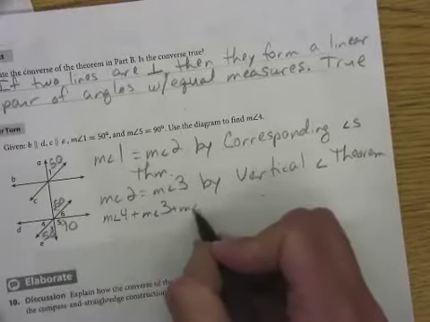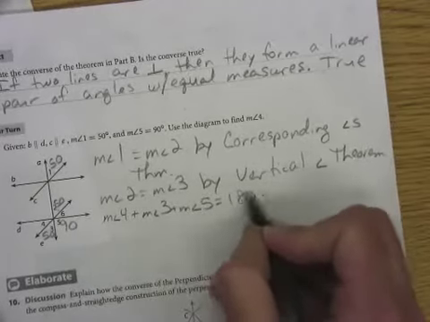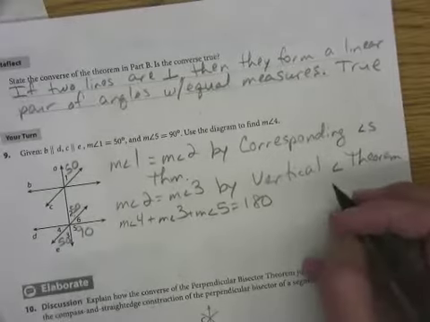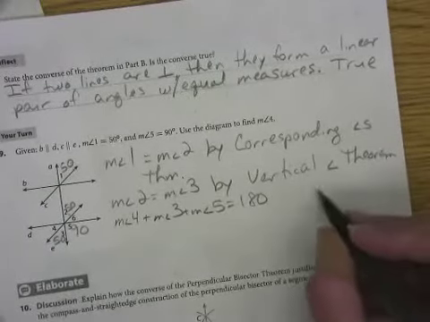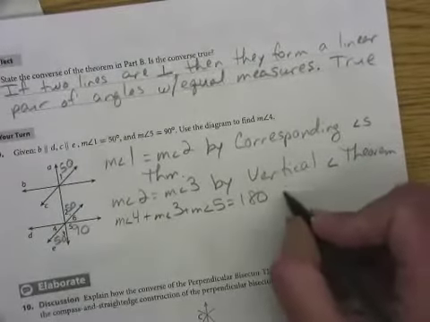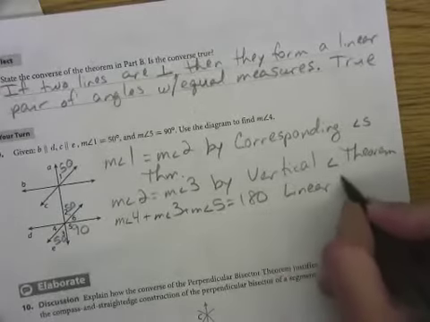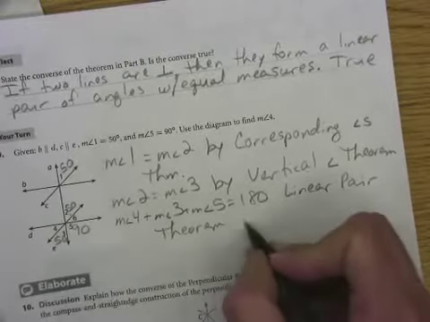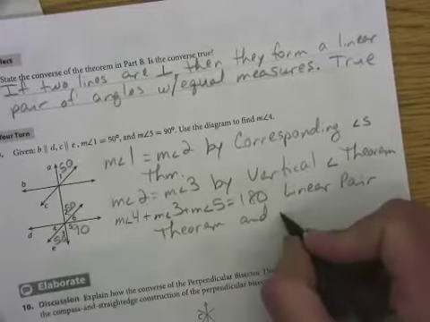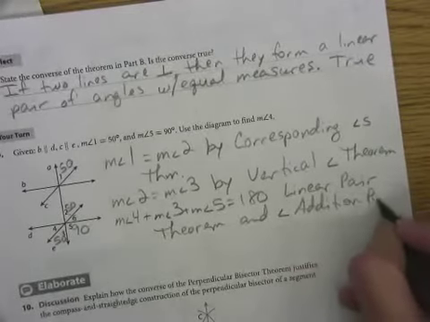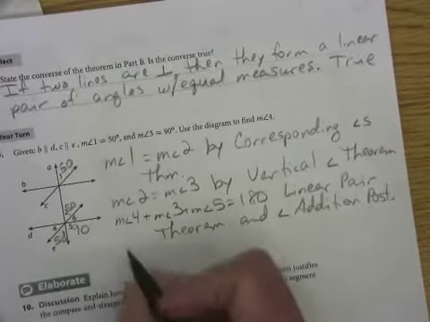And notice that angle 4 plus the measure of angle 3 plus the measure of angle 5 has to equal 180 degrees. I don't want to say linear pair theorem because pair implies that there's only two angles. But I could say that it's a combination of linear pair theorem and angle addition postulate.